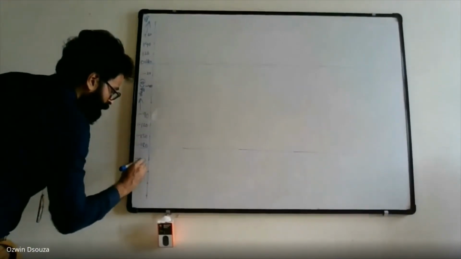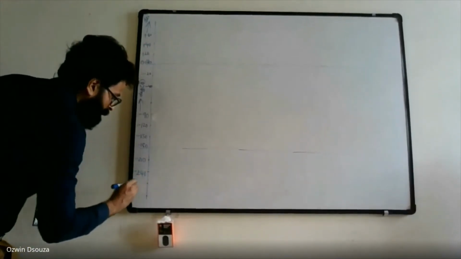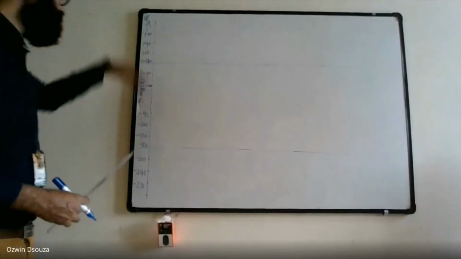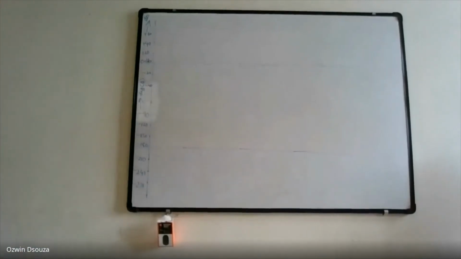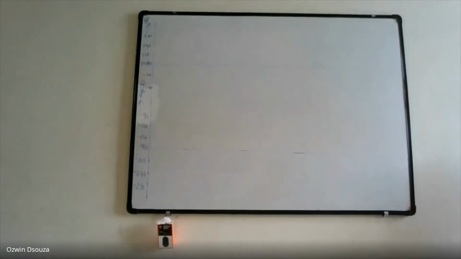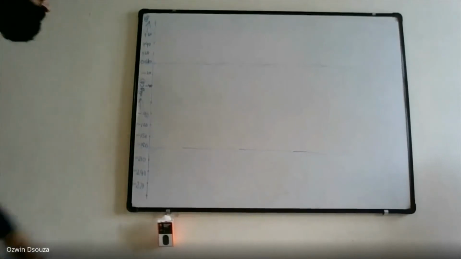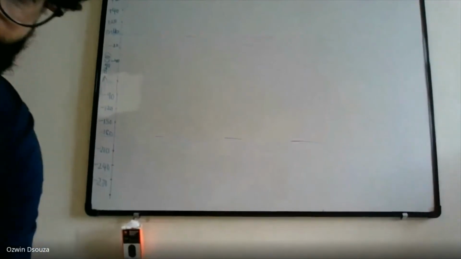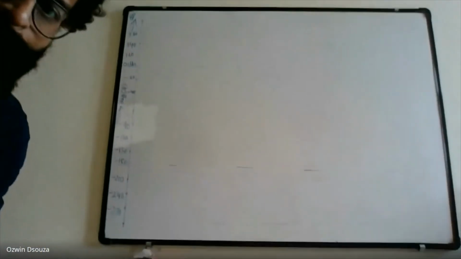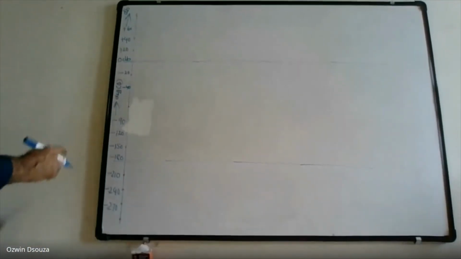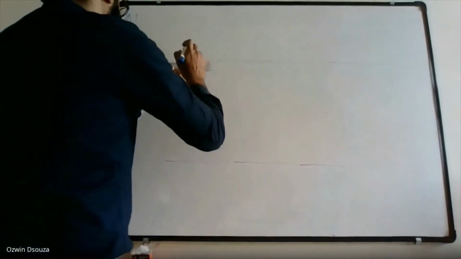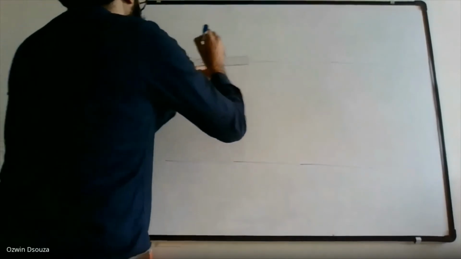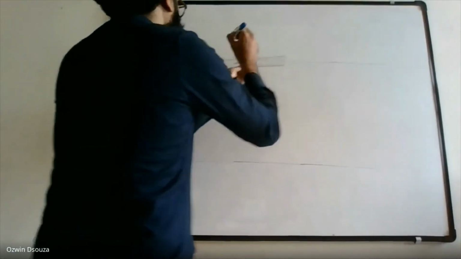This is minus 210, minus 240, minus 270. So we have written the y-axis scale. Next up, we have the decades. First decade, second decade.